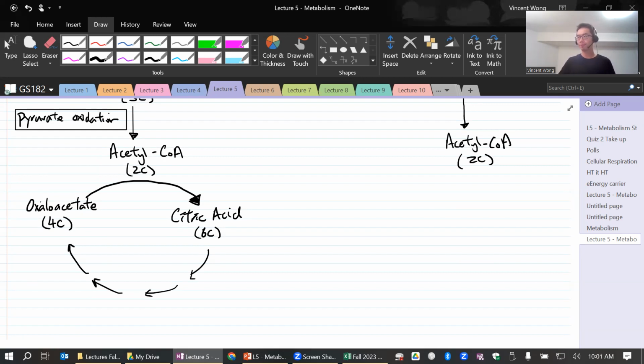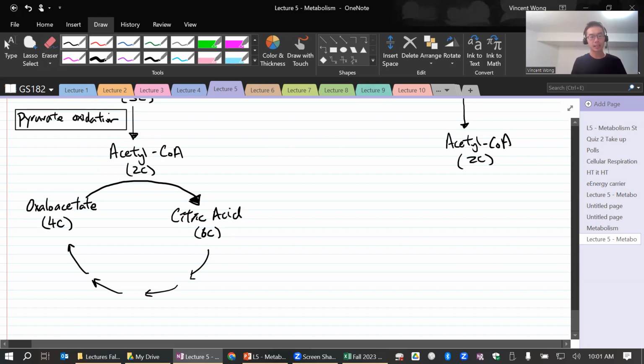We actually saw this happen before. Right? When you lose carbon in cellular respiration, where do they go? Carbon dioxide, that's correct. Okay, so this is going to release 2 carbon dioxide. Now, along the way, you will also release other things.